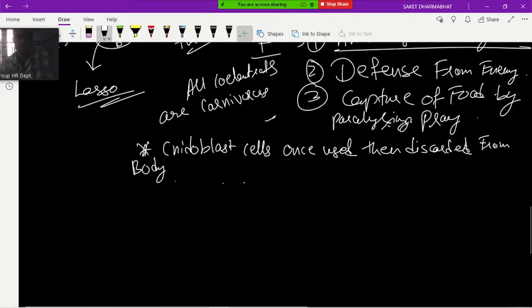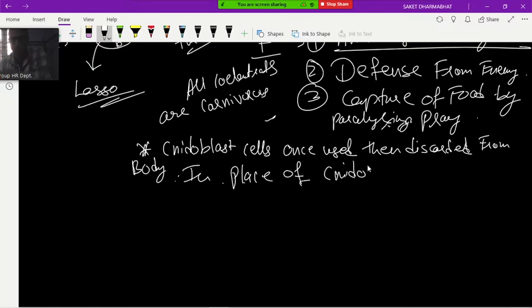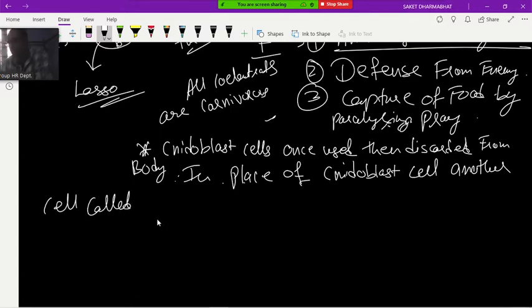And in place of nidoblast cell, another cell will come. What is the name of that another cell?